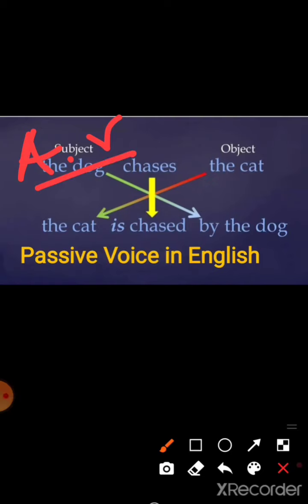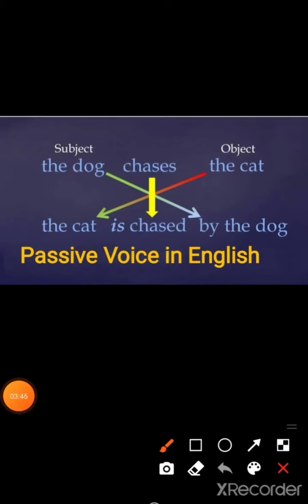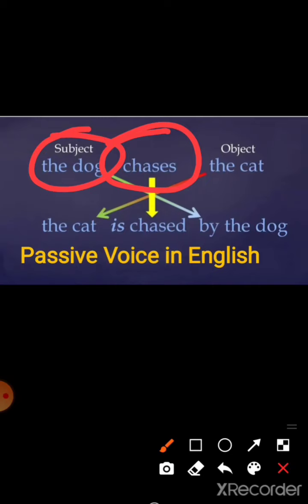Then you need to find out where is the subject. So the dog is the subject because the dog is doing the action. Chases, it means follows. Okay, so it is the verb, and the object, it is the cat.